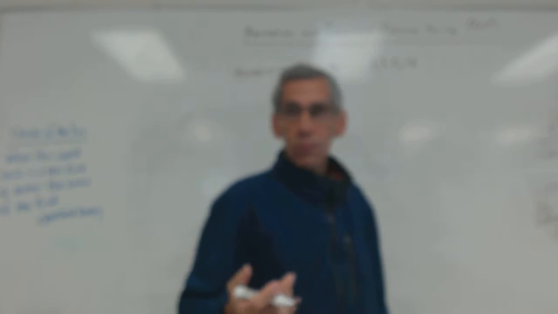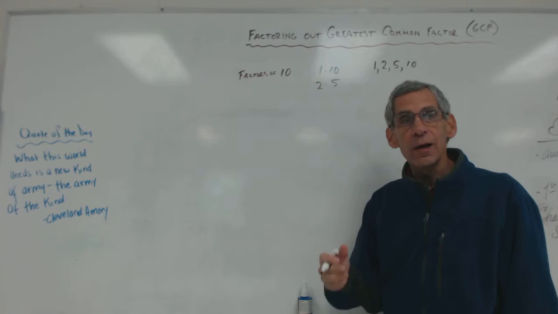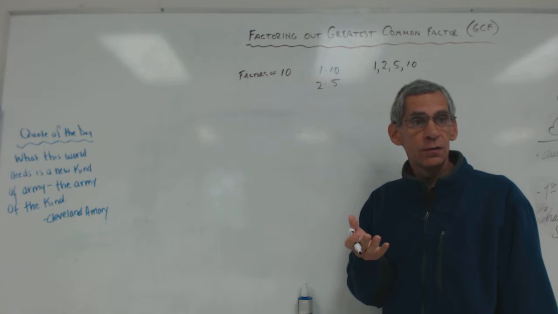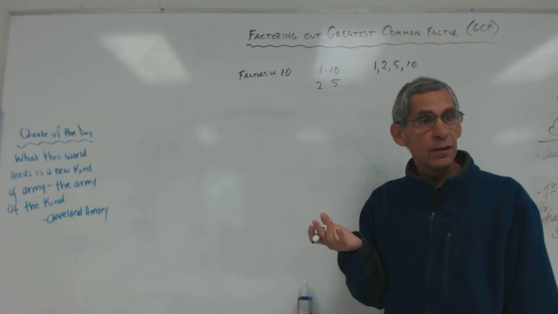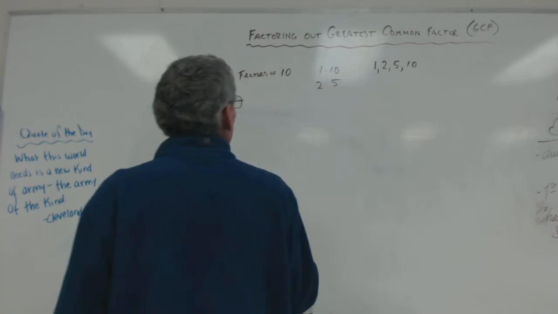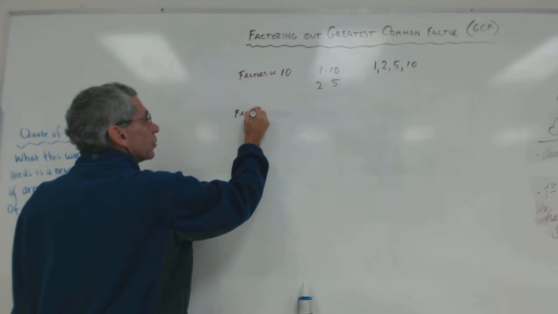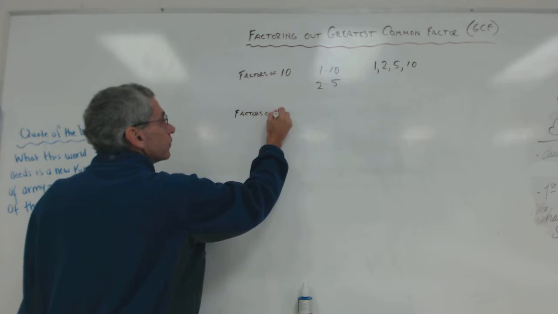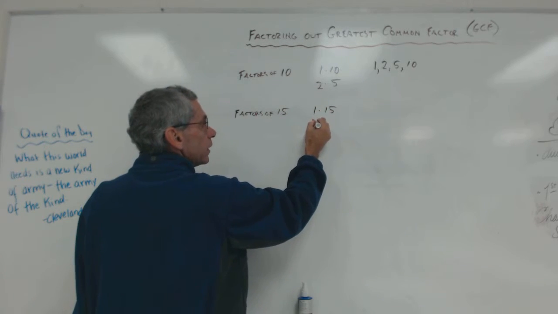Now, when you talk about common factors, you're talking about factors that they both have in common, right? So if I had factors of 15, that would be 1 times 15 or 3 times 5.